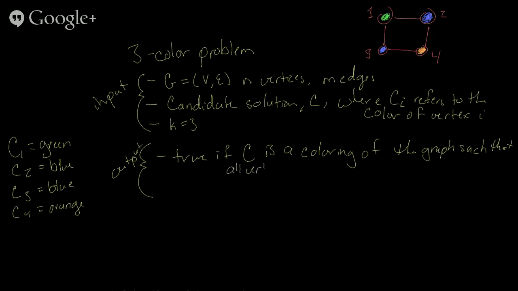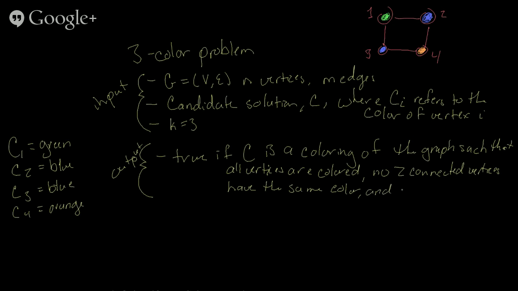All vertices are colored, no two connected vertices have the same color, and there are less than or equal to 3 colors. Okay, and then again, false if not.